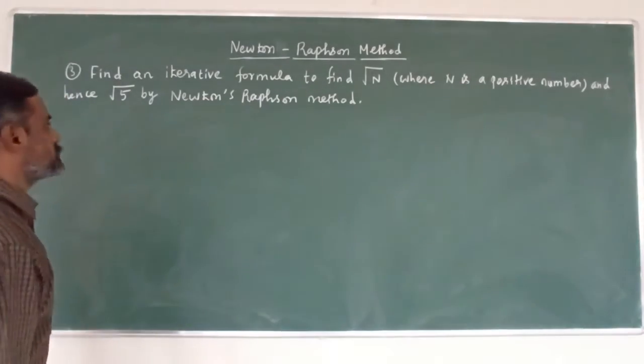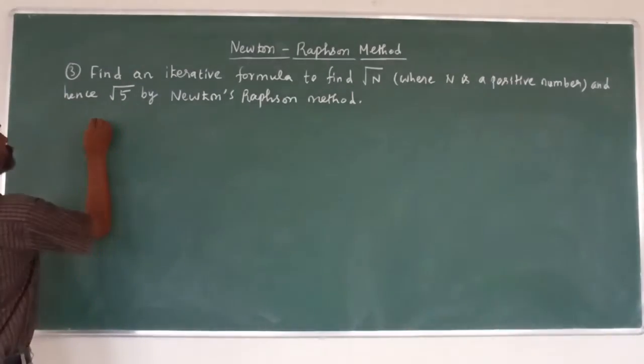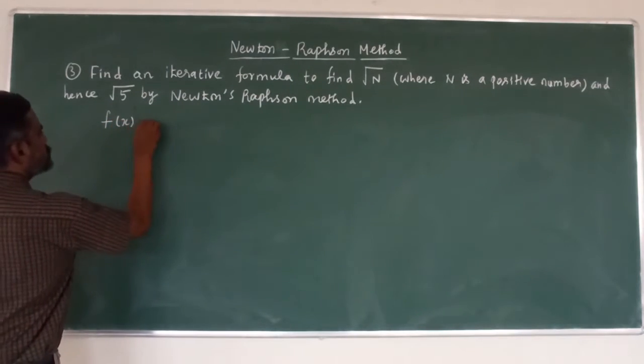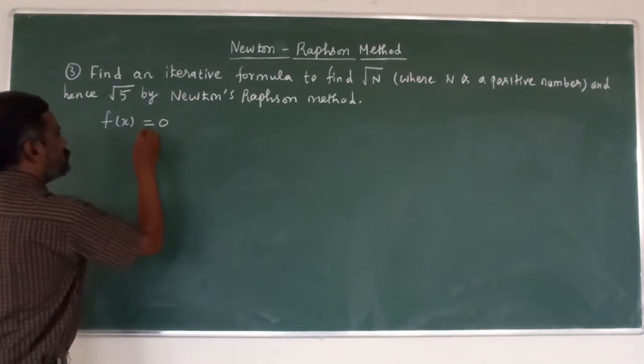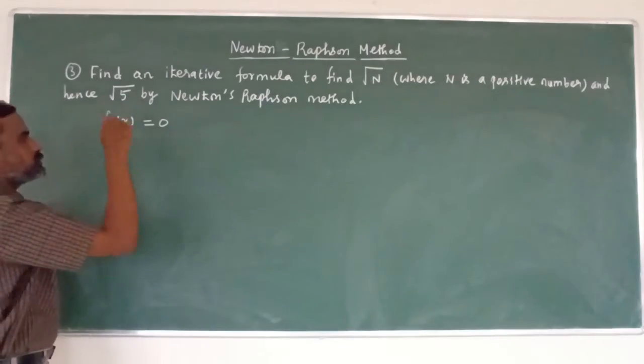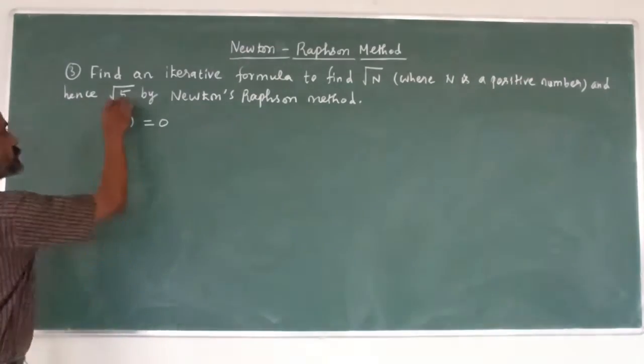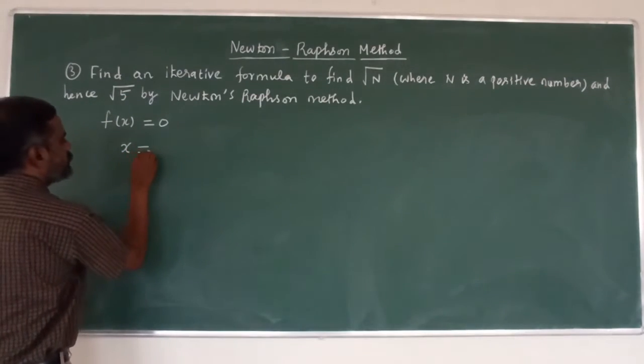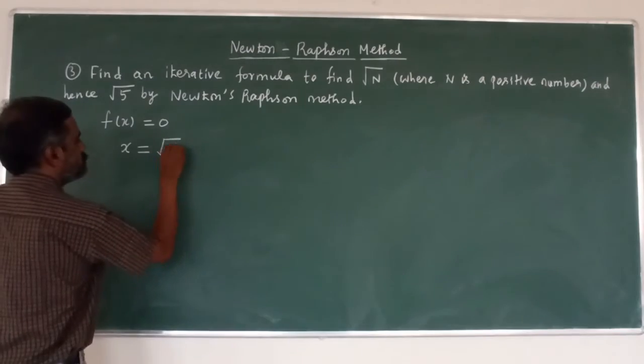Newton-Raphson method. Here f of x is equal to 0. For this format we have to change here root 5. This is for x value equal to root 5.